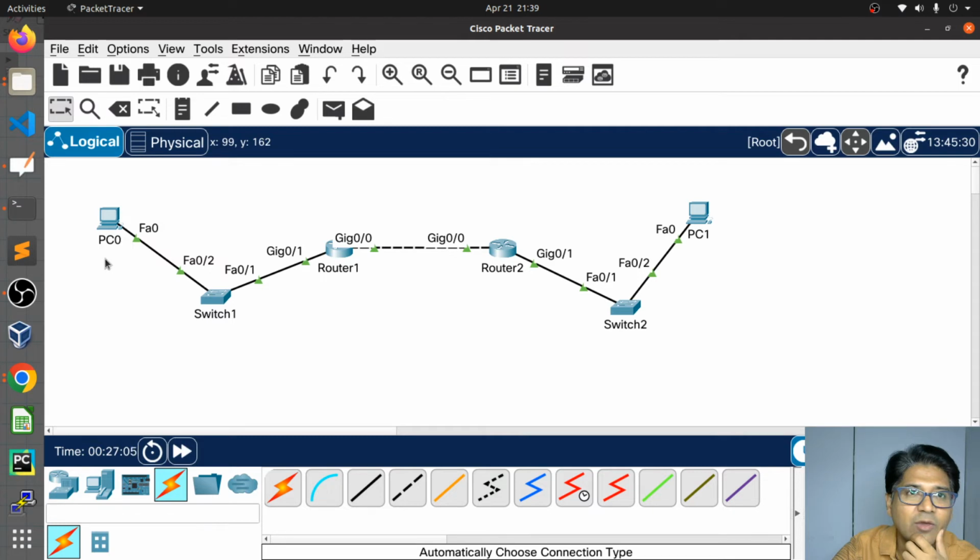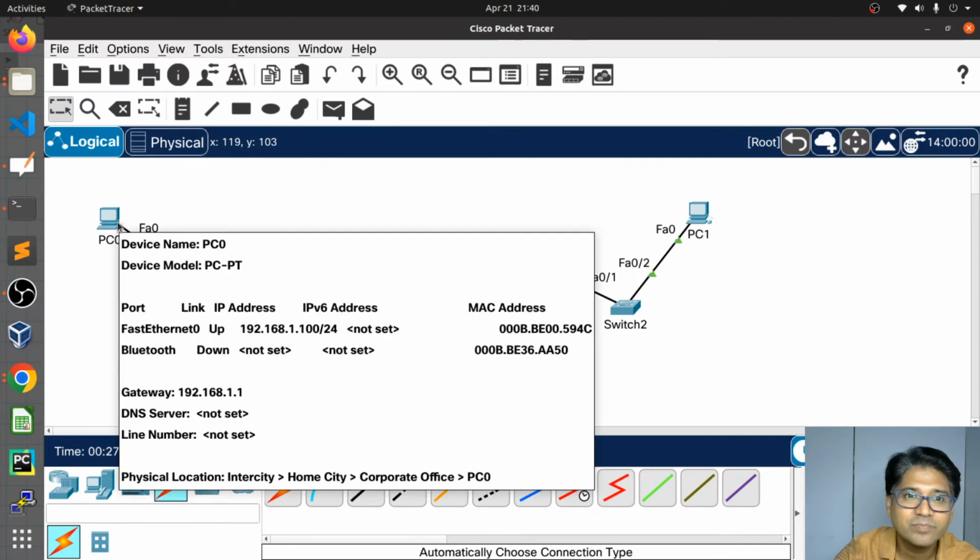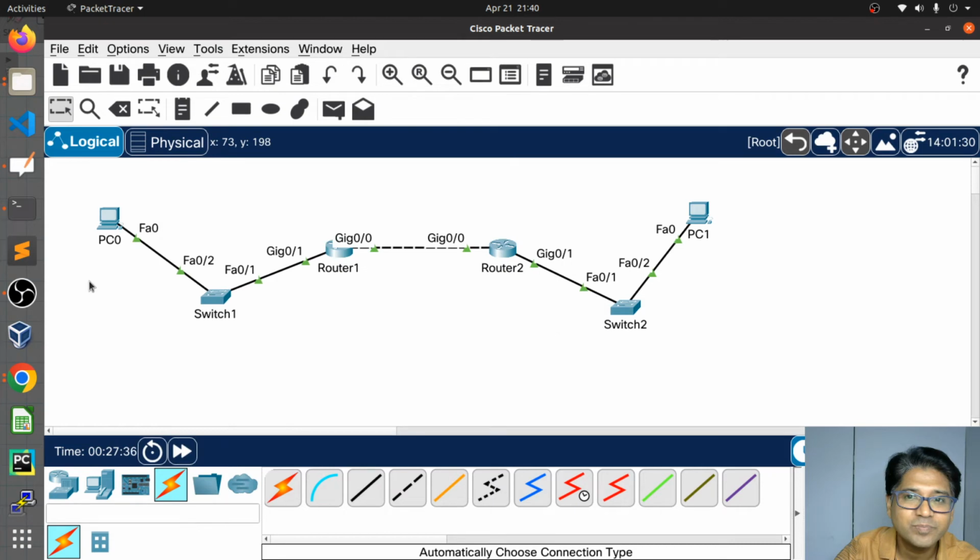Whenever it wants to ping an IP outside your LAN network, it will contact the gateway. The PC or device connects to its gateway and the gateway replies back. If the gateway knows this route, it will reply.